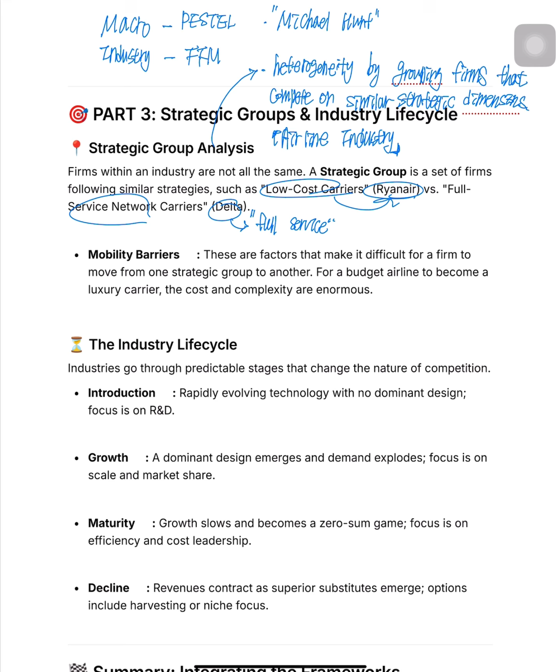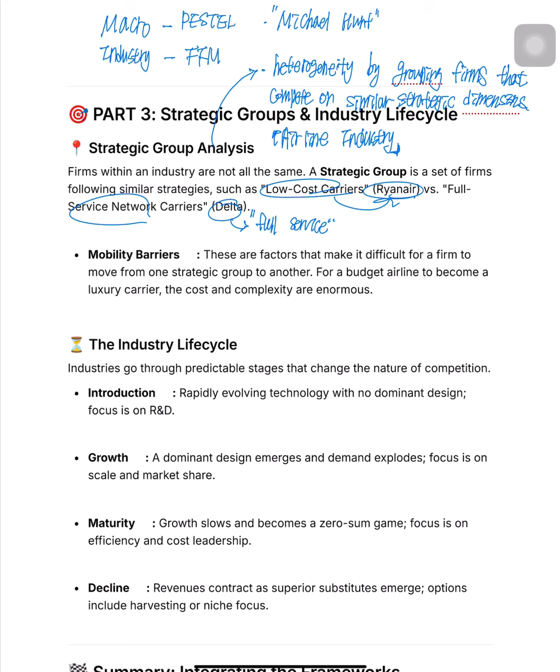Their business model is relentlessly focused on cost minimization and price competitiveness. They often fly into secondary airports, turn aircraft around quickly to maximize utilization, and generate revenue from ancillary fees that supplement base ticket prices. So these are fundamentally different competitive positions.